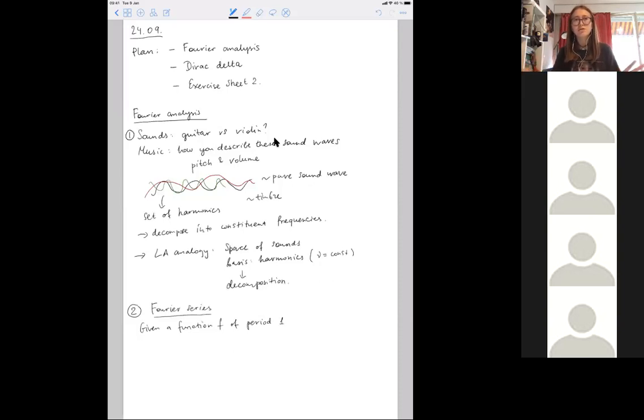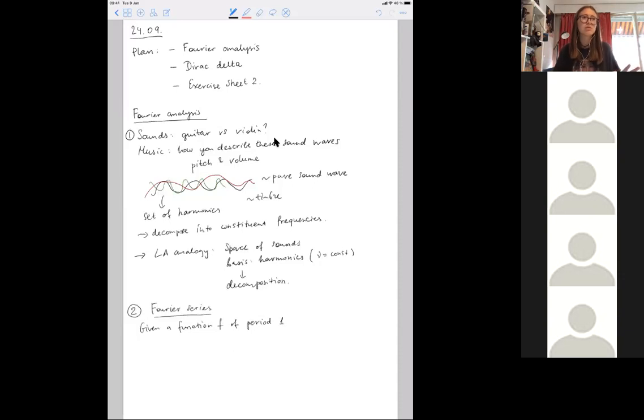This is not a mathematical course, so I'm not going into all the conditions that f has to satisfy. Let's say it's continuous, smooth, and generally, because we're talking more about physics here, in physics we usually assume that almost all functions we're trying to analyze are reasonably nice.